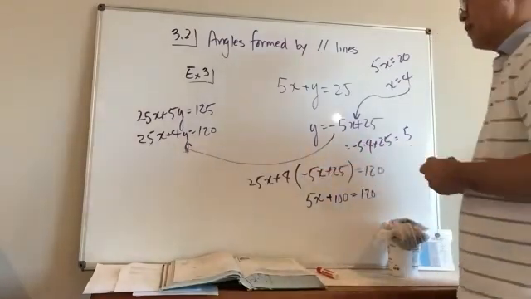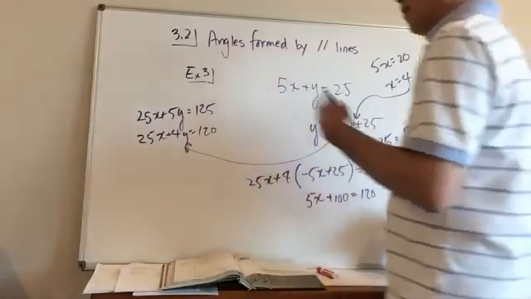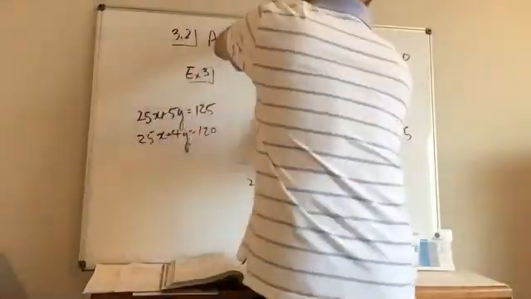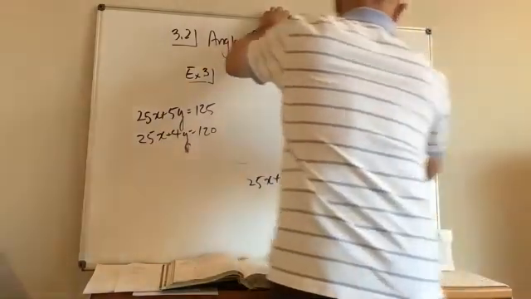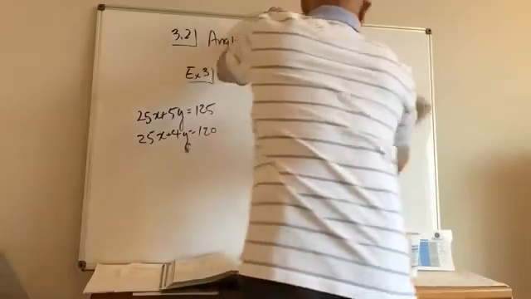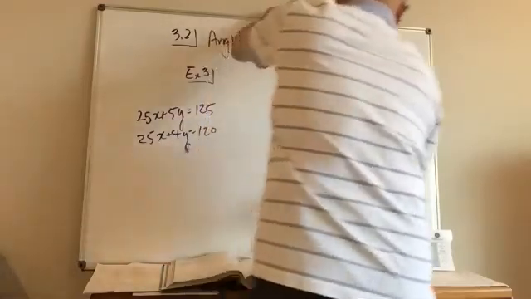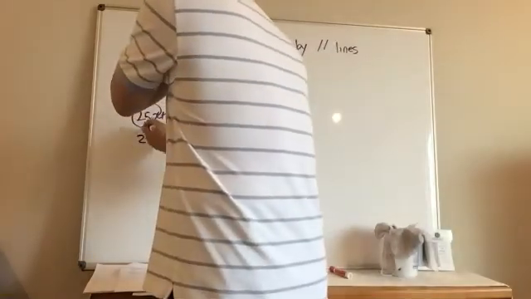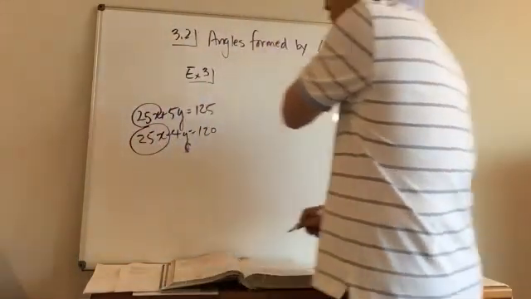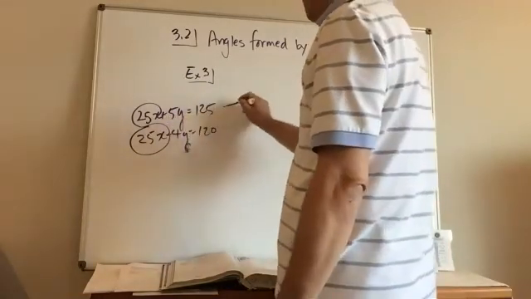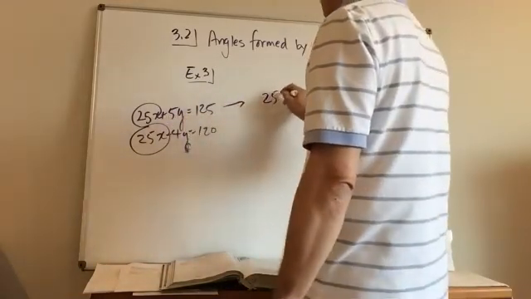Okay, all right. The more advanced method of using substitution is on this one. What you can see is that you have this guy and this guy are the same. So instead of solving for x from the top one, I'm just going to solve for 25x.